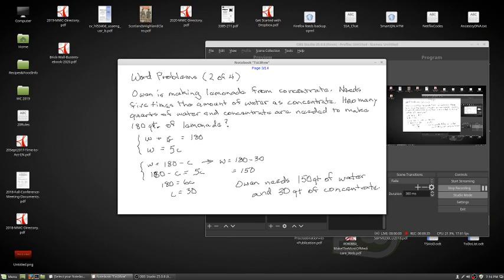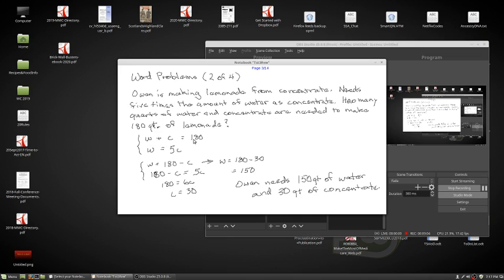And then we also know that we need 5 times the amount of concentrate for the water. Oddly enough, I did this a long way. I should have just plugged in the 5C for W and gotten 6C is equal to 180, but I did it the long way.